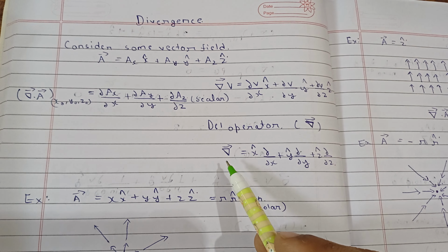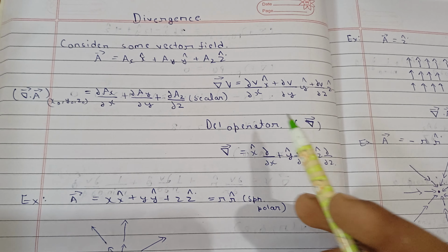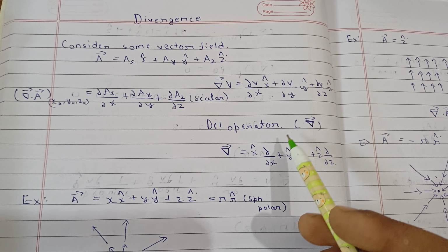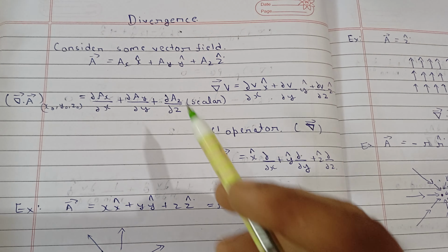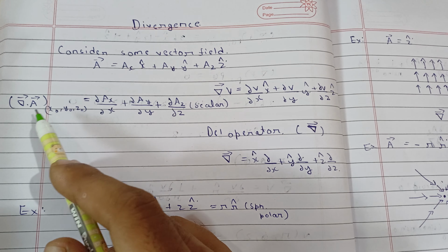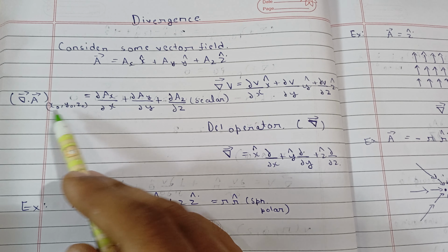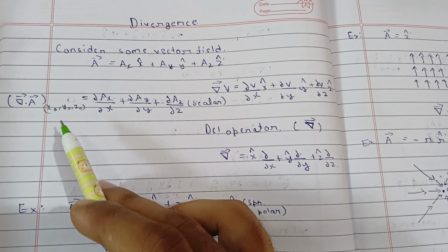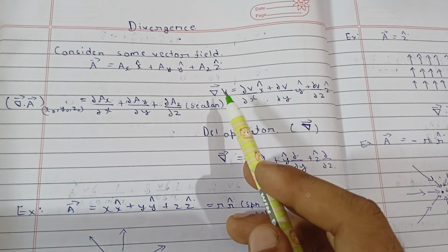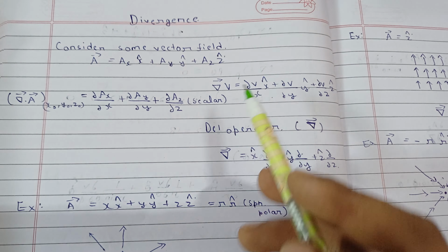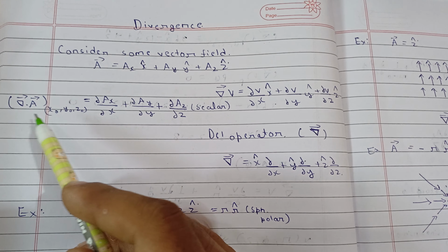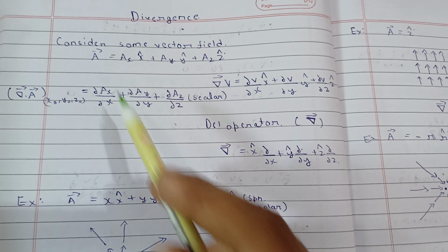But if you apply this operator to a vector, or the vector field, and take the dot product, that is called the divergence. So del dot A, and it is always found at a particular point. This is called the divergence, and it is a scalar quantity, and the gradient is a vector quantity. Always remember this.